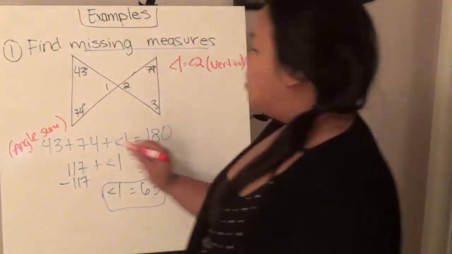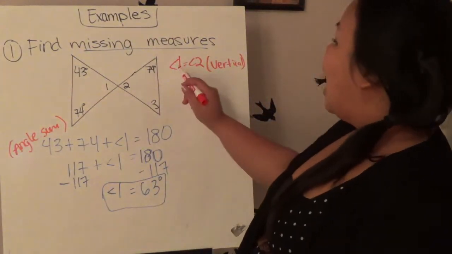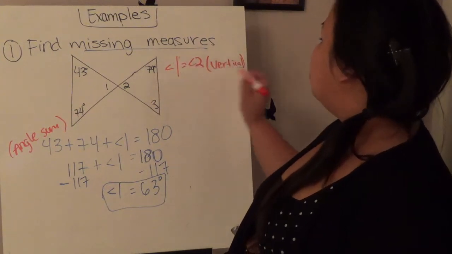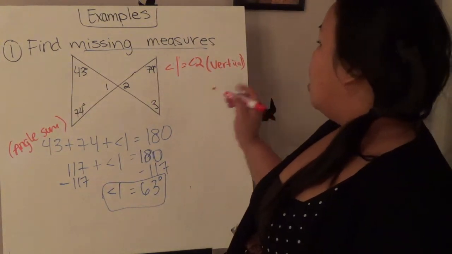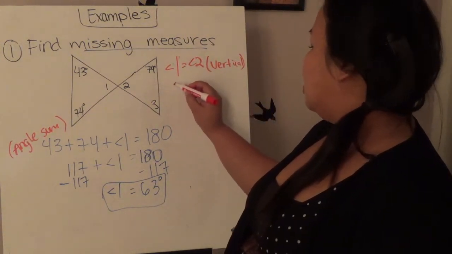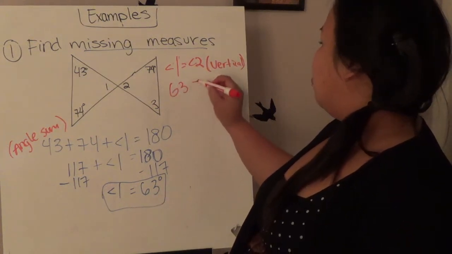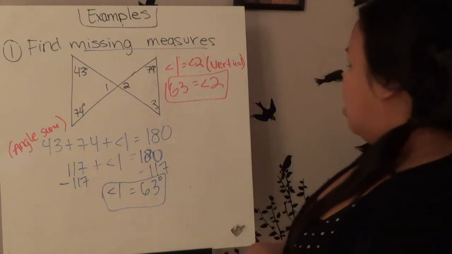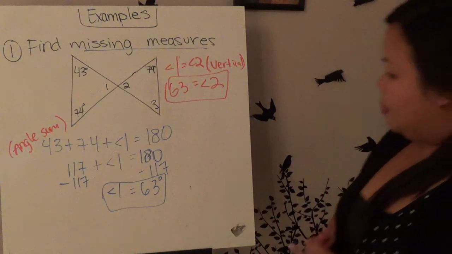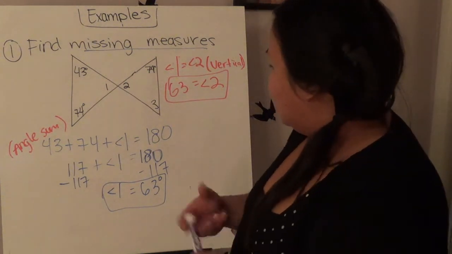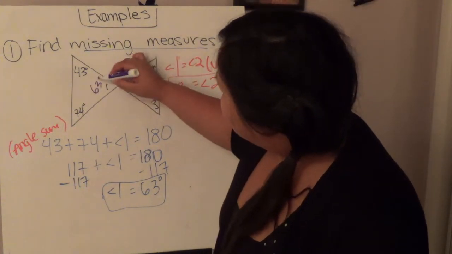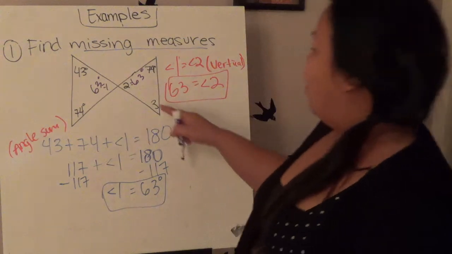So angle 1 equals angle 2 because they're vertical angles. That means if angle 1 is 63, I can substitute: 63 equals also angle 2. So that's my second one. Alright? If I know that this is 63, I know this is 63. All I have to do is find this one.